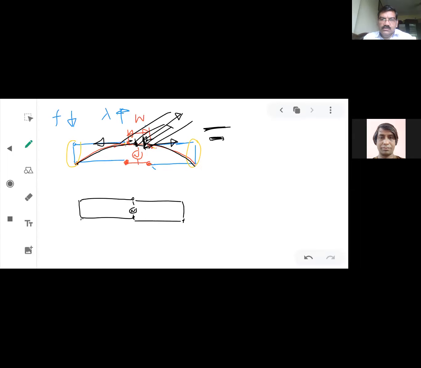So the location of minima will not get disturbed. But the maxima will keep shifting. So what is going to happen now? You can see that the maxima is exactly formed at the mid of this strip, whose width is W. So now you can see that width W has completely vanished.